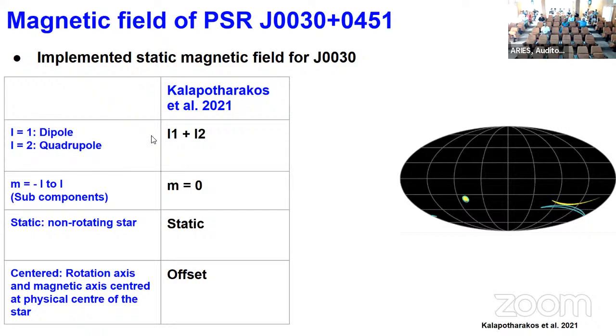The total number of components M is 2L plus 1, from minus L to L, but they only considered the one aligned with the rotation axis. And they considered a static star, which means the pulsar is not rotating. So your field is very symmetric and not realistic at all, but it's a good start.